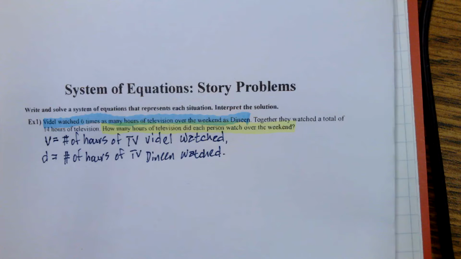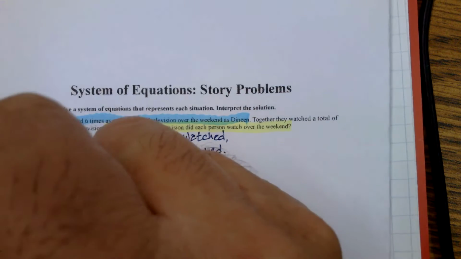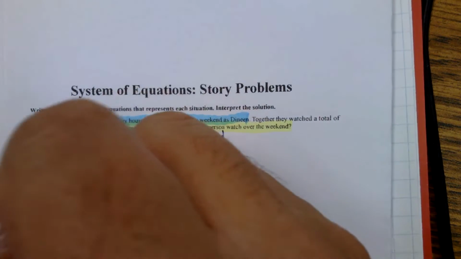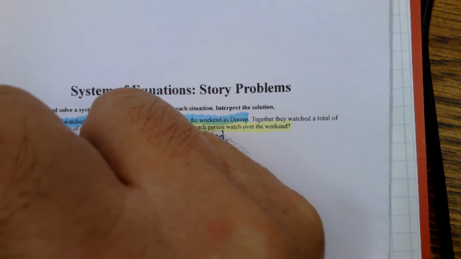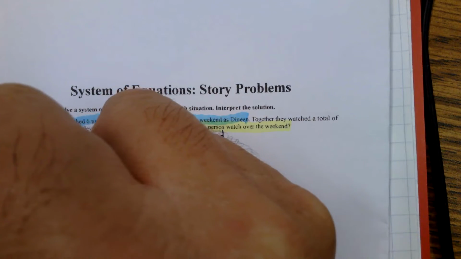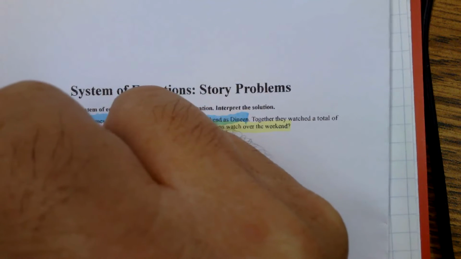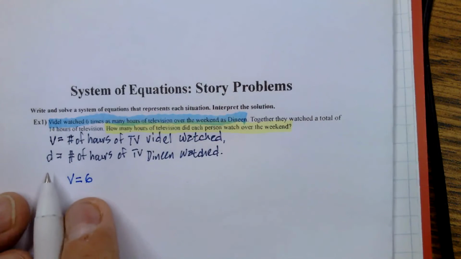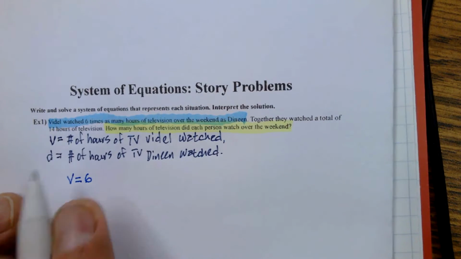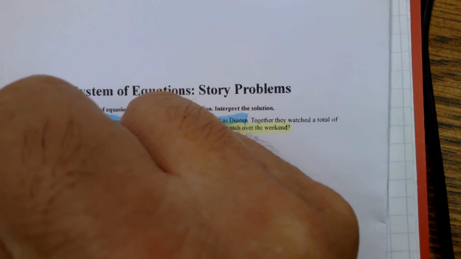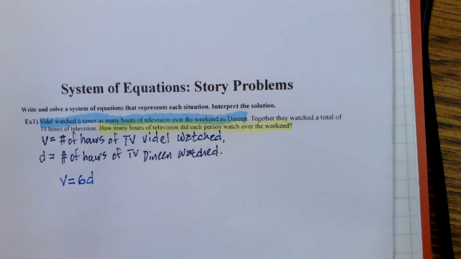Vidal watched more TV, right? How much more TV? 6 times. So the amount of TV Vidal watched, which is V, equals, well, 6 times D, 6D. 6 times as much as Deneen, so 6D.